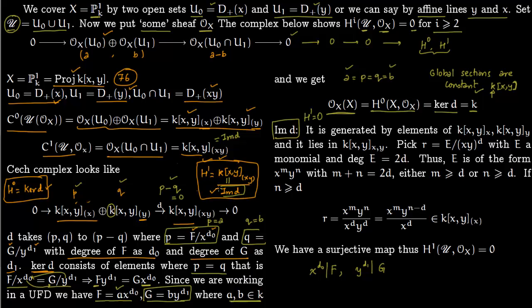So the denominator is the same as the numerator. Now first notice that the image of D is generated by obviously P and Q. So it is generated by elements of this and this, and it lies in this. So you pick any element in here. Any element here is again a homogeneous polynomial, so it will be of the form e over x^d y^d.